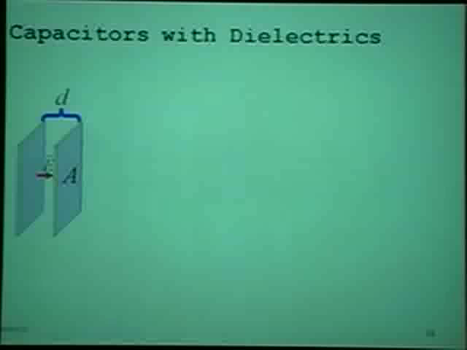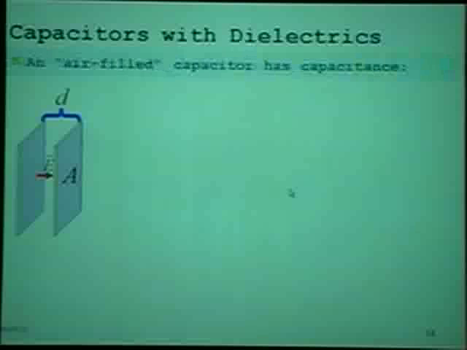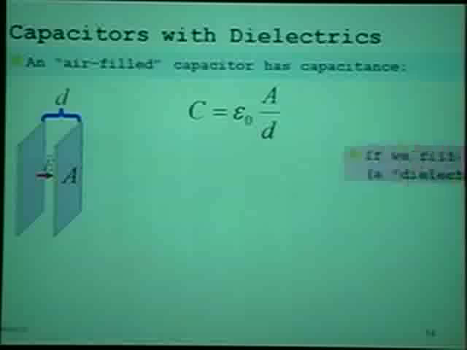All this is if I had two conducting plates separated by either air or a vacuum. What would happen if I actually put an insulator between the plates? And here's an air-filled capacitance.